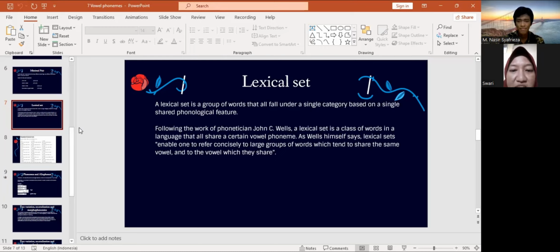A lexical set is a class of words in a language that all share a certain vowel phoneme. As Wells himself says, lexical sets enable one to refer concisely to large groups of words which tend to share the same vowel, and to the vowel which they share.